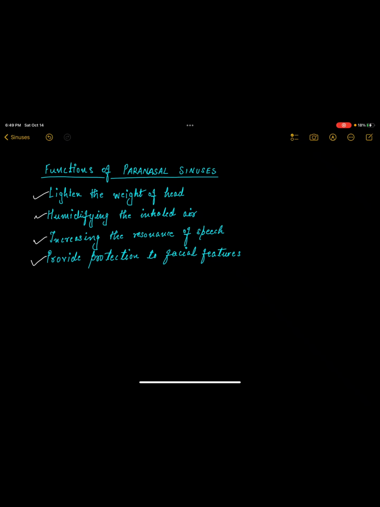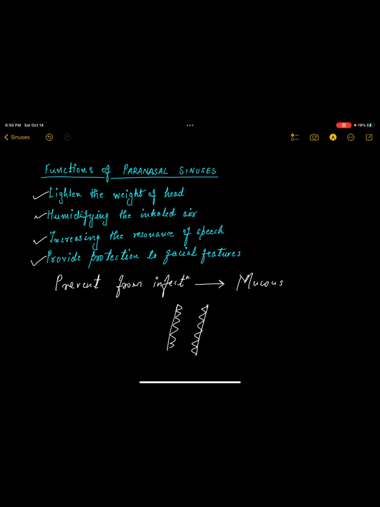And one more function these paranasal sinuses perform is that they protect our brain and our facial features from infection. So what they do is they contain mucus, as this is the lining of the paranasal sinuses. The cells inside them produce mucus, and this mucus is sticky in nature.